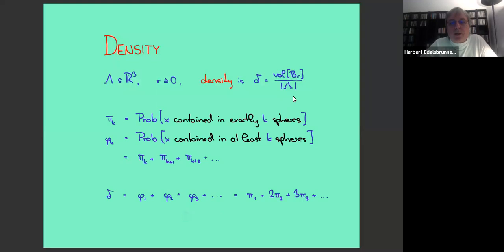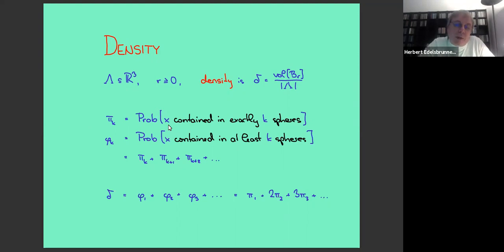But I would like to make it more complicated. Because I would like to think of this density as some kind of expectation in a random experiment. For example, I could define pi sub k as the probability that a random point is contained in exactly k spheres.